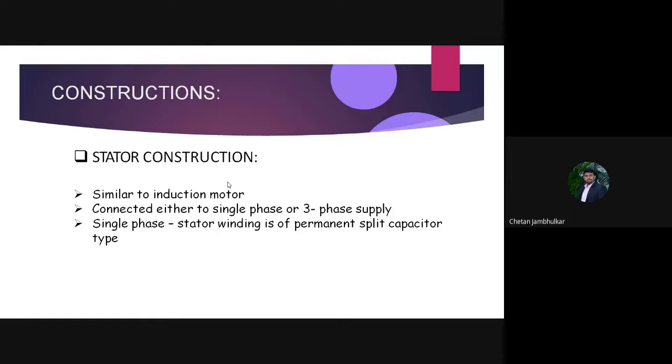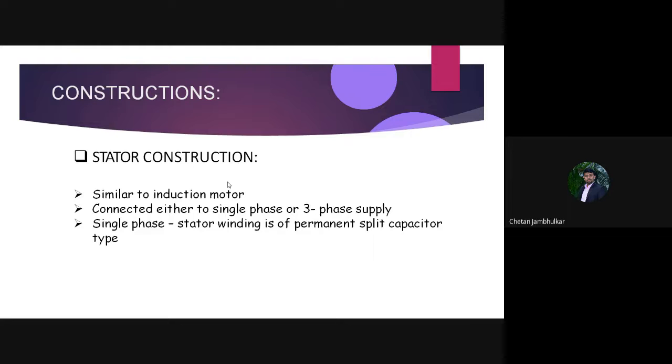In the hysteresis motor, the stator is similar to the induction motor stator. In the stator construction, it is similar to the induction motor, and it is connected either to single phase or three phase. In the single phase, the stator winding is of permanent split capacitor type.